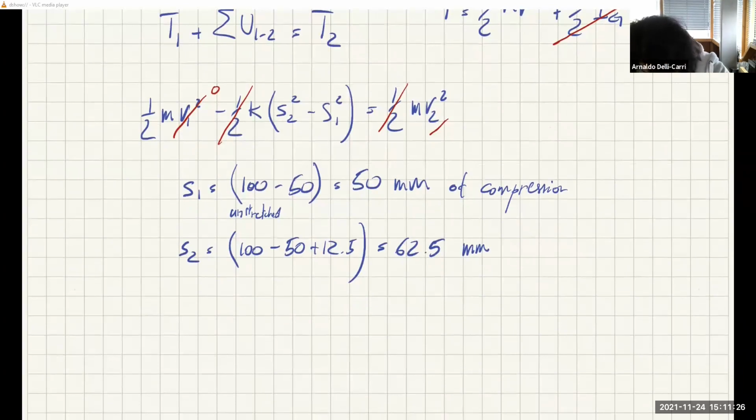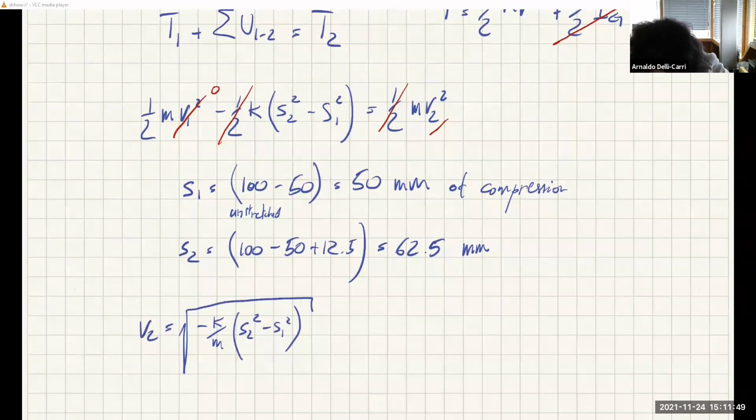So we can rearrange everything to be minus k over m times S2 squared minus S1 squared under square root. So V2 equals the square root of this number. So of course it looks negative, but it is not, because what we have in the end is that this number is greater than this number.